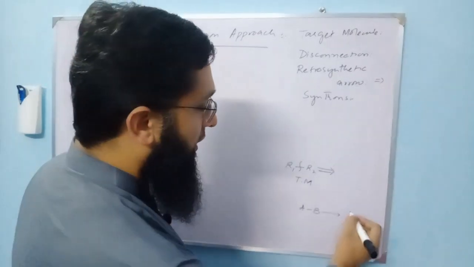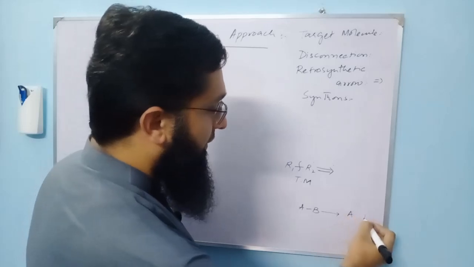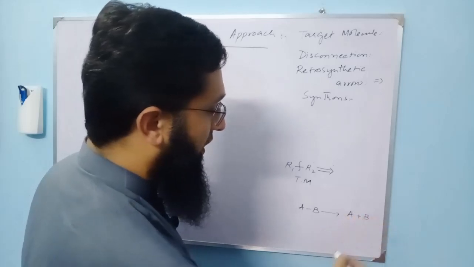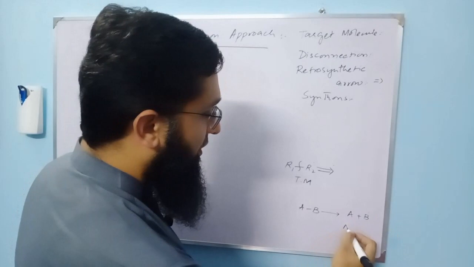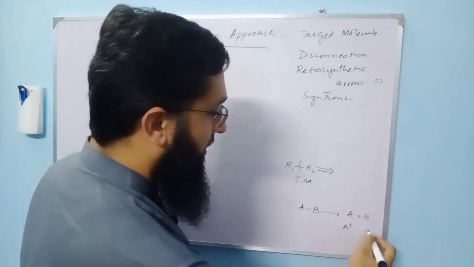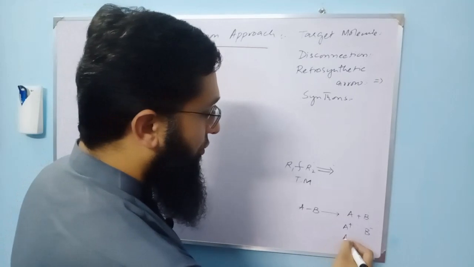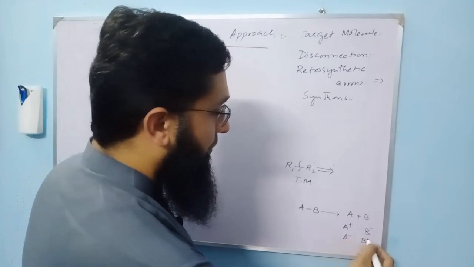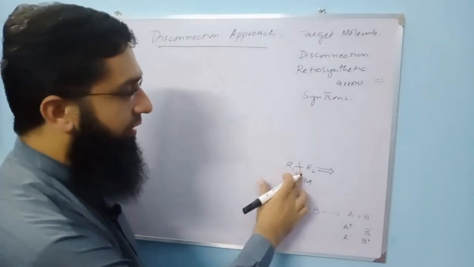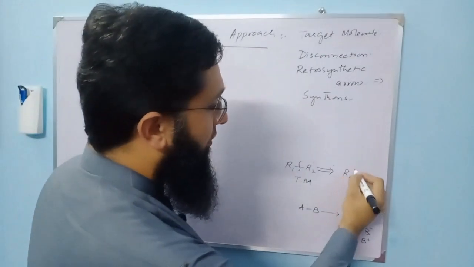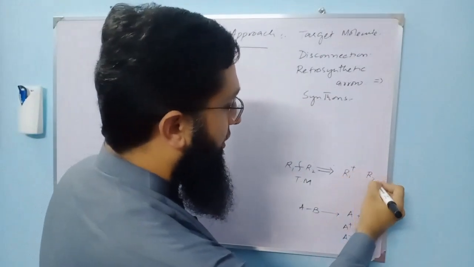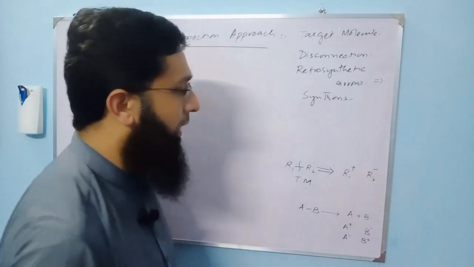In homolytic fission, we get radicals, and in heterolytic fission, we get ions. A positive, B negative, or other combination would be A negative, B positive. Similarly, when we disconnect here, we get R1 positive and R2 negative.